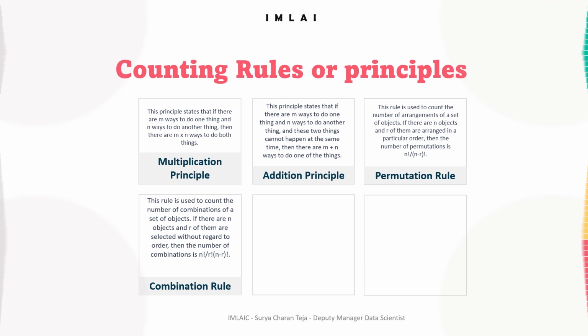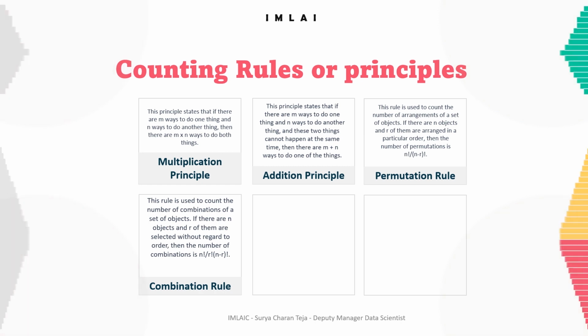If there are n objects and r of them are selected without regard to order, then the number of combinations is n factorial divided by r factorial multiplied by n minus r factorial. When there is no order, you have to multiply by r factorial also. If it is a specific order, then it is n factorial divided by n minus r factorial, because you can't have more combinations if it is a specific order. So that's your combination rule.